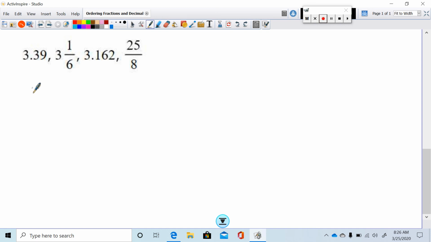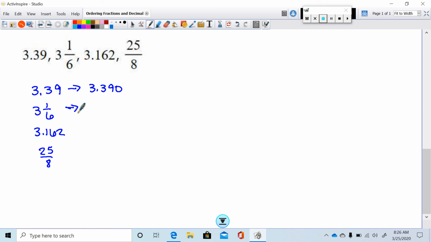Okay, we've got 3.39, 3 1/6, 3.162, and 3 5/8. The largest number of numbers after the decimal is 3, so I'm going to make them all have 3. So this one needs to have a 0 put on the end.